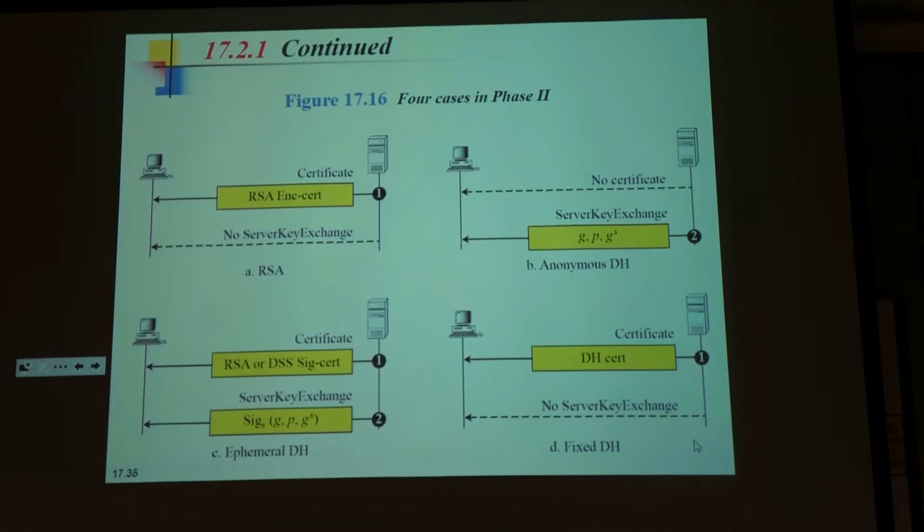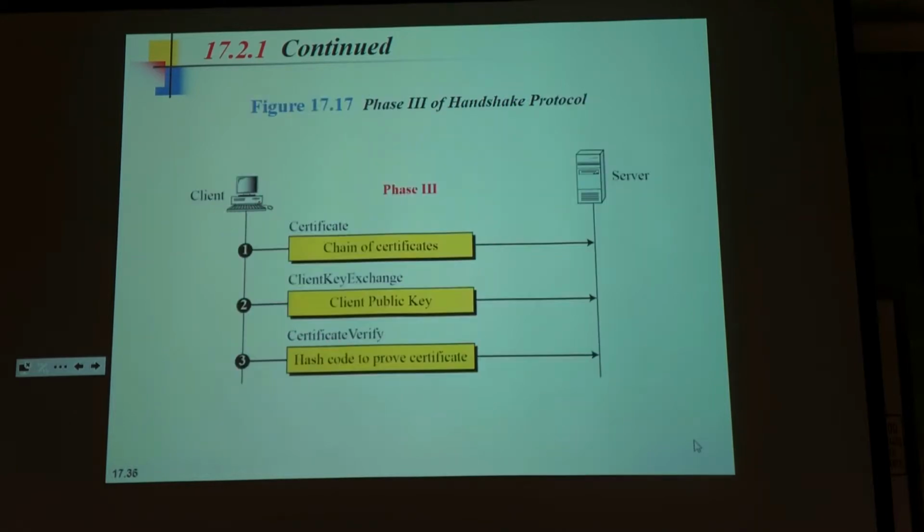Anyways, in phase two we exchange the key, and the server gets authenticated to the client and the client gets authenticated to the server. In phase three, we do client key exchange and authentication.